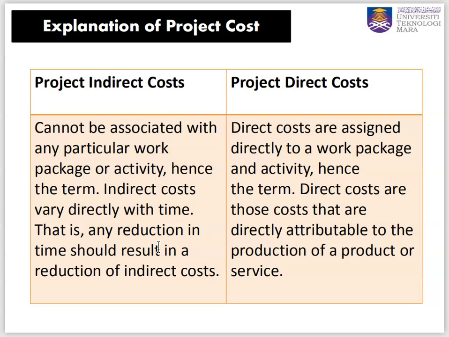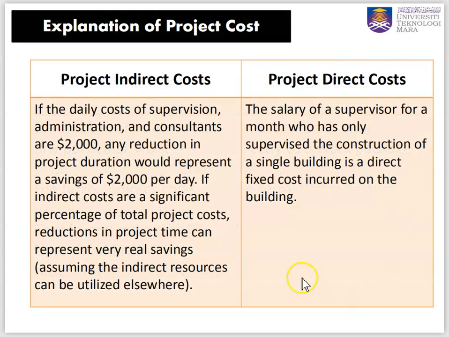So any reduction of time should result in a reduction of indirect costs. Whereas direct cost is normally stated at the beginning of the project and is directly assigned to the work package. So if the work is increased, the cost will be increased. If the time is increased, the cost will be increased. For project indirect cost, if the daily cost of supervision, administration and consultants is 2000, any reduction in project duration would represent a saving of 2000 per day.